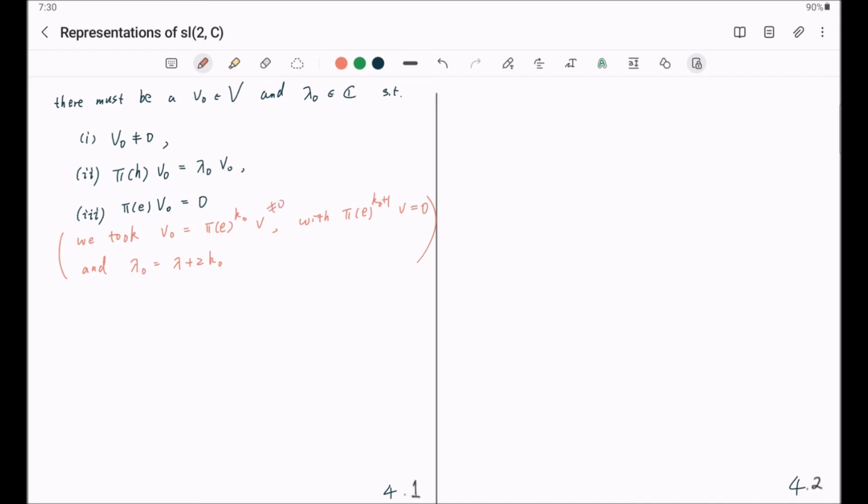Of course, this can be taken as a vector that is non-zero, because in the extreme case, you just take k naught to be 0. In that case, v naught is equal to v, which is clearly non-zero. So such a k naught has to exist.